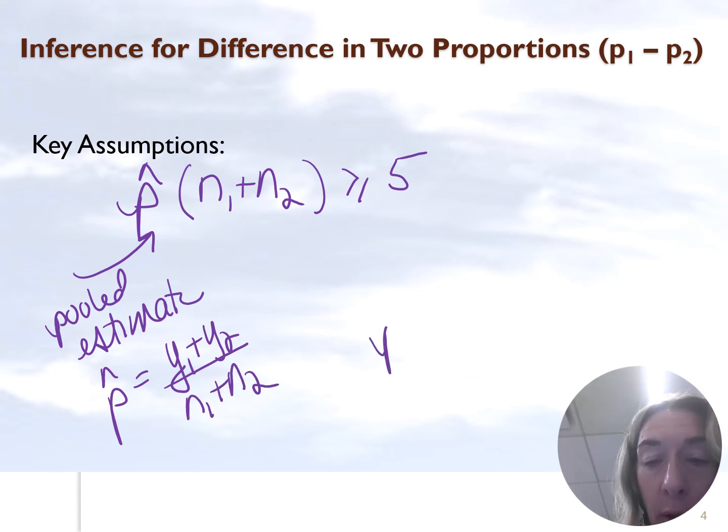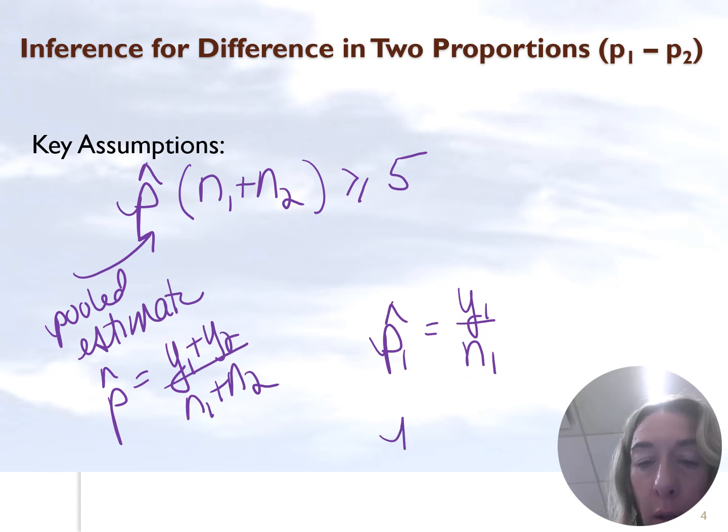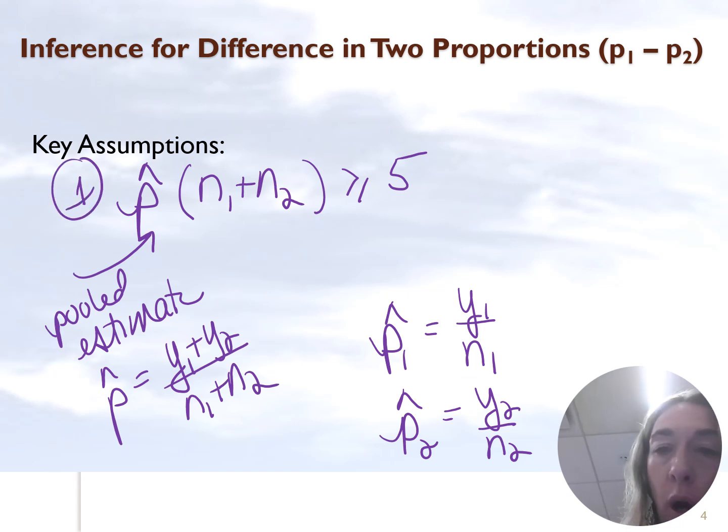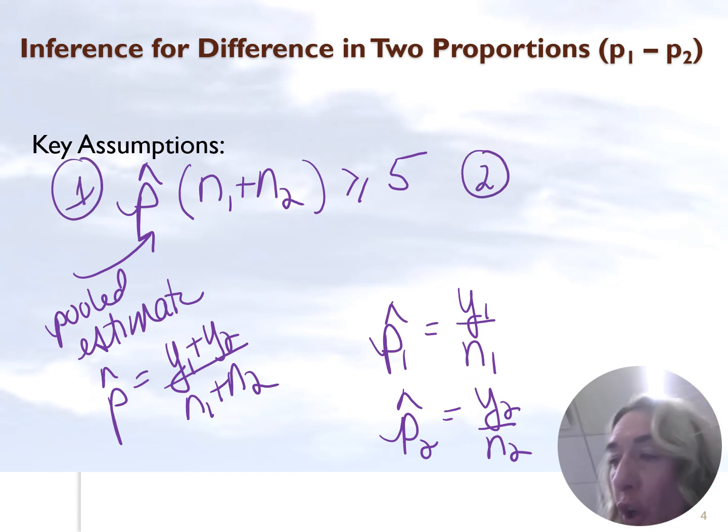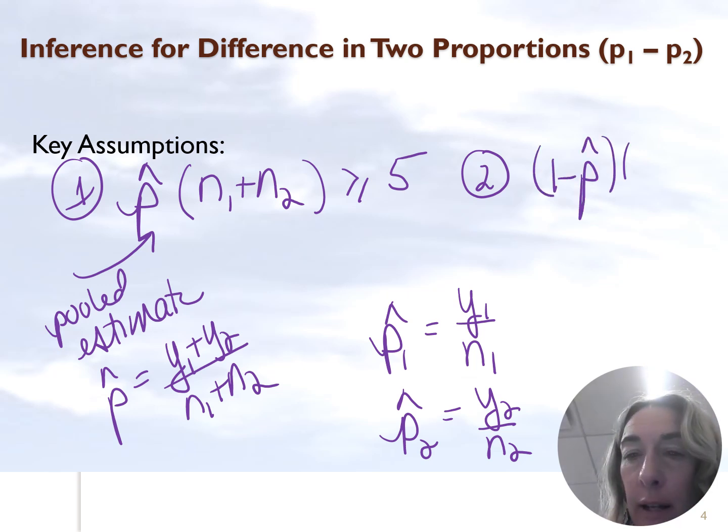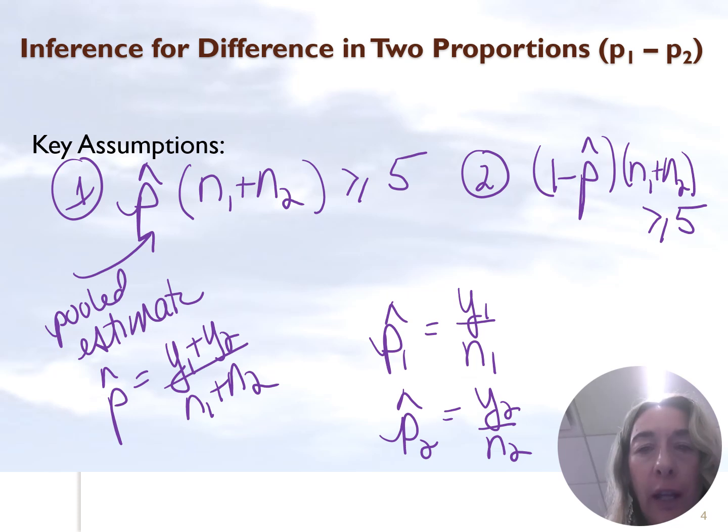And remember, p1 hat was y1 over n1, p2 hat y2 over n2. That's assumption 1. Assumption 2, which should also look familiar to you, is that 1 minus p hat times n1 plus n2 must be greater than or equal to 5. Very similar in flavor to what you've seen before when working with proportions.